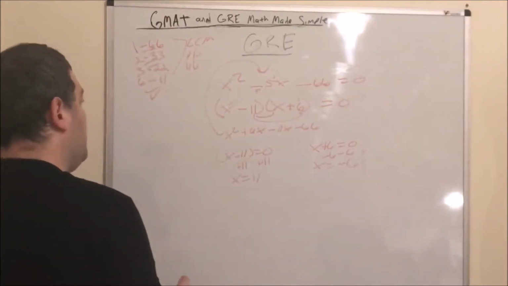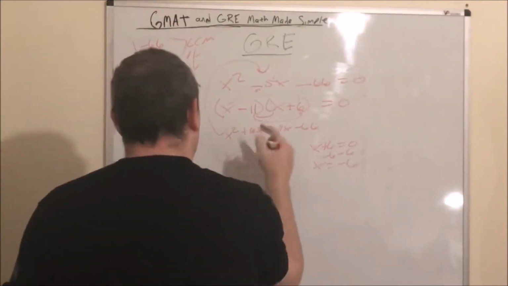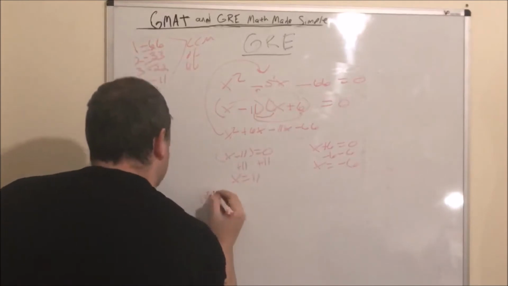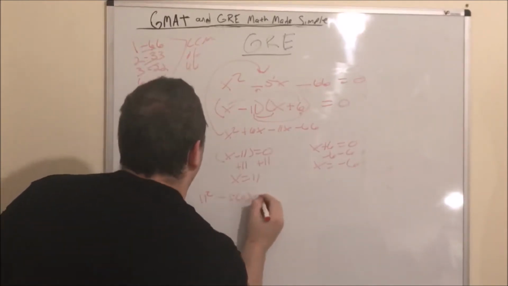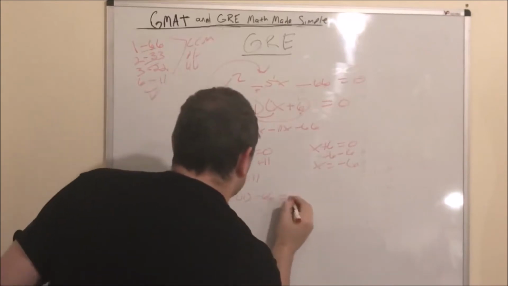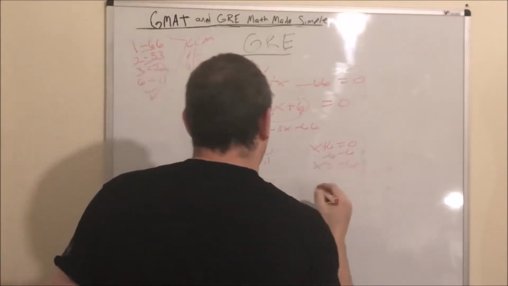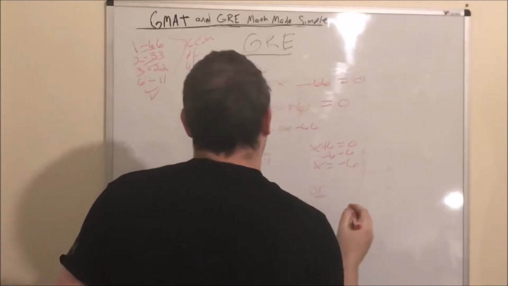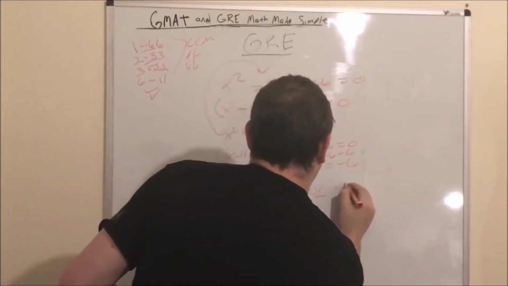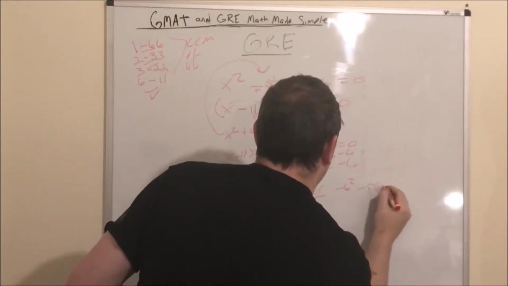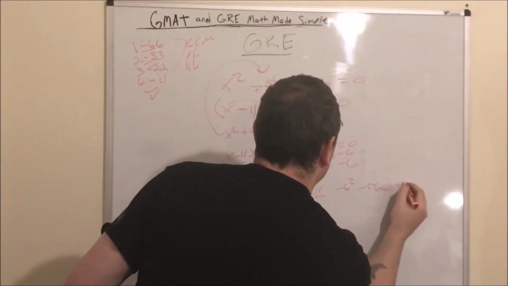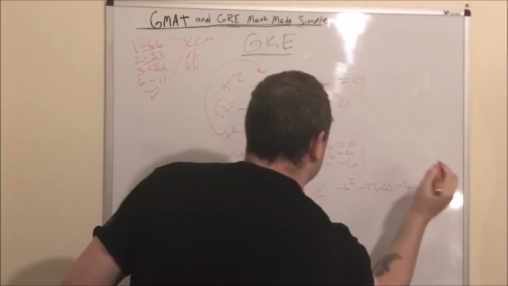So now we'll go in and we'll check it. So let's put in the 11. We have 11 squared minus 5 times 11 minus 66 equals 0. Or we have negative 6 squared minus 5 times negative 6 minus 66 equals 0.